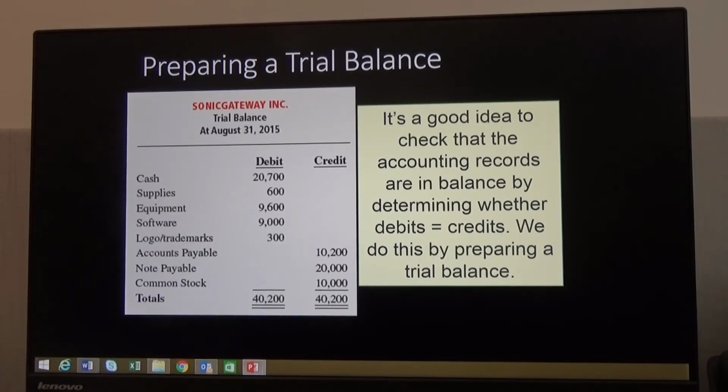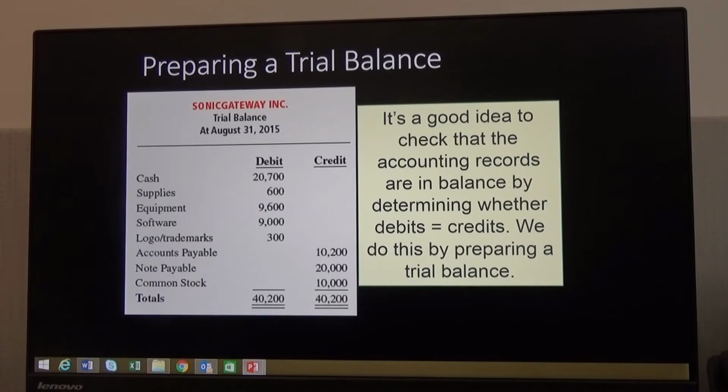For a trial balance, we simply take the general ledger accounts, which have had all these different journal entries posted into them, and we list all the balances. And those accounts that have debit balances, we write their value in the debit column of our trial balance. And those accounts that have credit balances, we list them in the credit column, and then we simply add up the two columns to make sure that they balance.